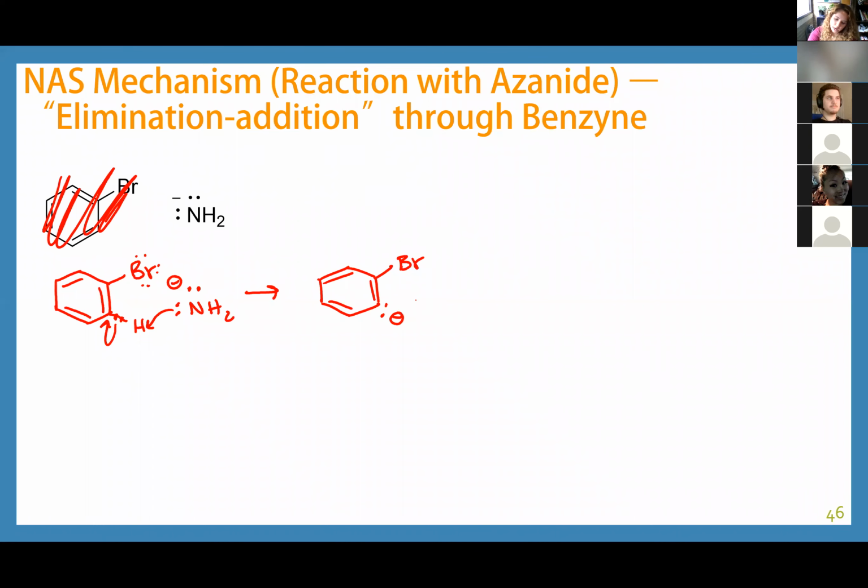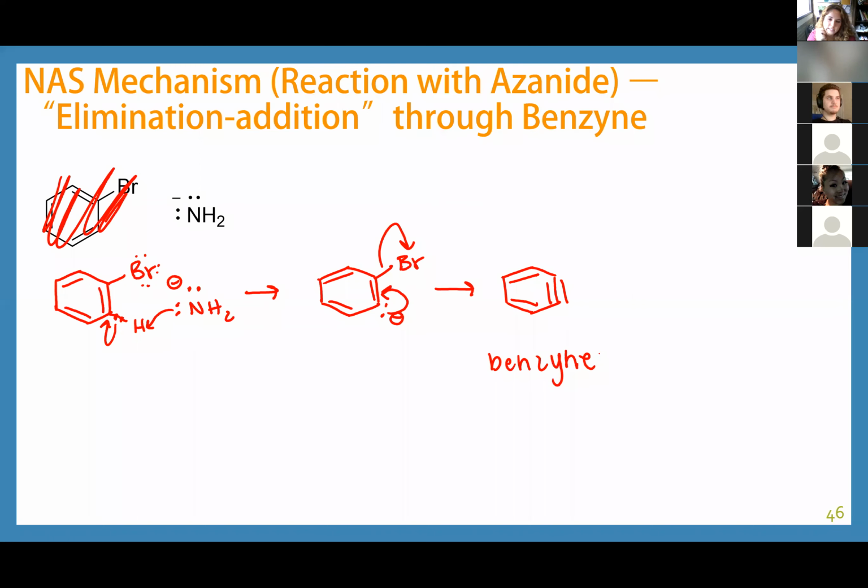So we can pull off that hydrogen, create the triple bond, and kick out bromine. And this gives us an intermediate called benzyne.